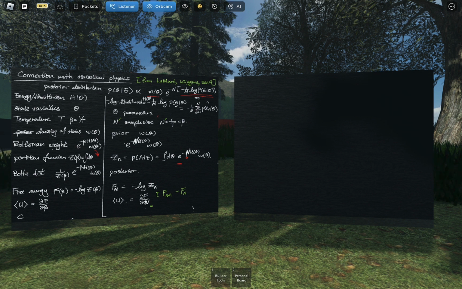And then in statistical physics, we can also talk about heat capacity. If I inject heat, how much do I need to raise the temperature by 1 degree? That can be derived from the partition function by negative beta squared times the second derivative of f. And here you can also look at the analogous quantity, del squared f over del n squared.